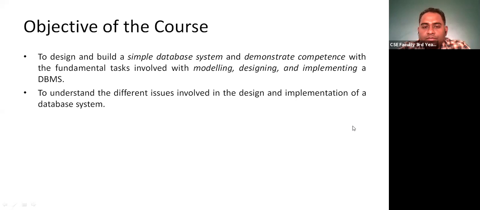Subarna Tama. Subarna. Okay. Anuradh Pradhan.